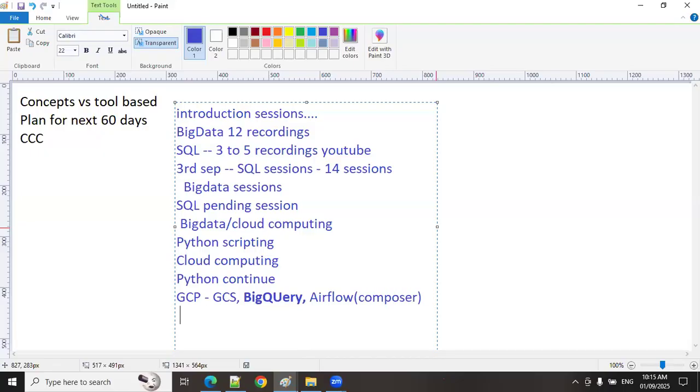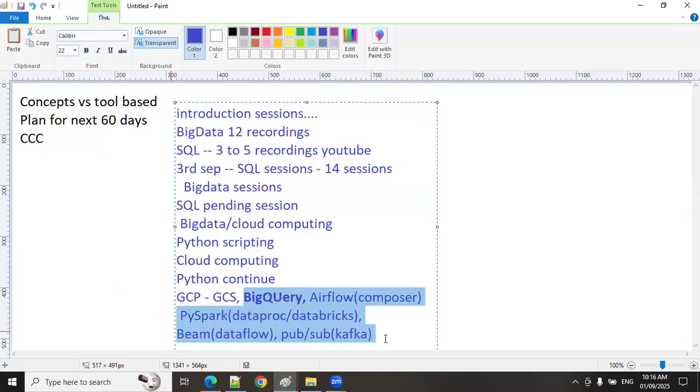Then PySpark, which is called Dataproc or Databricks in general. We'll have Apache Beam, which can be called Dataflow, and then Pub/Sub, which can be called Kafka outside. These are the tools I am going to teach you directly. I'll take care of all these things.